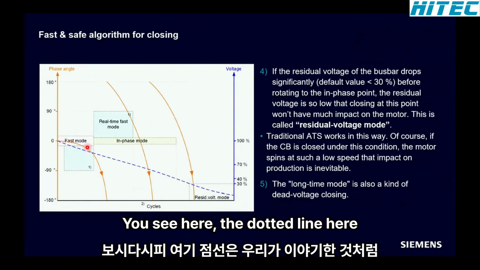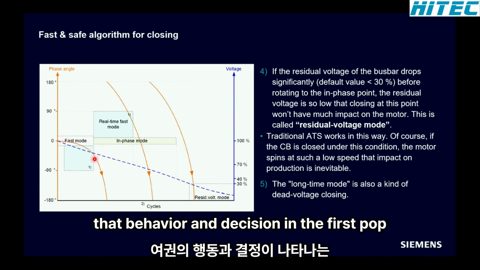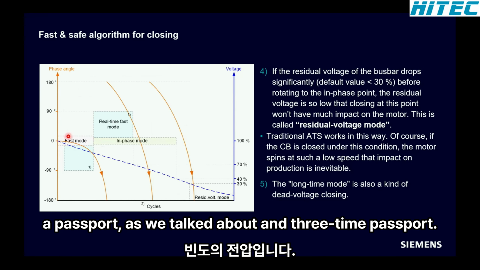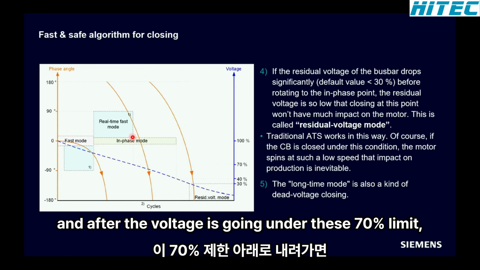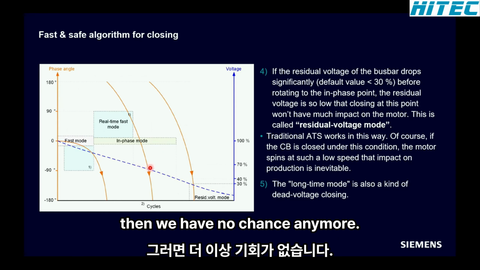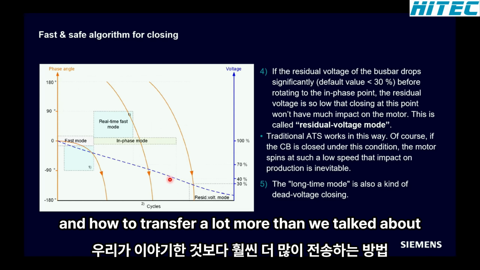You see here the dotted line is the voltage and the frequency behavior. And you see in the first part we have the fast mode, as we talked about, and the real-time fast mode, and then we have the in-phase mode. And after the voltage goes under this 70% limit, then we have no chance anymore to switch back or to close the breaker or to transfer in fast mode.